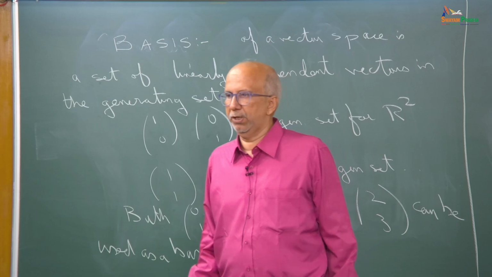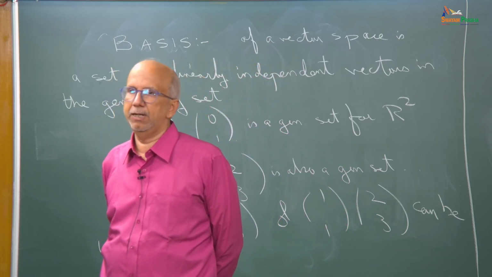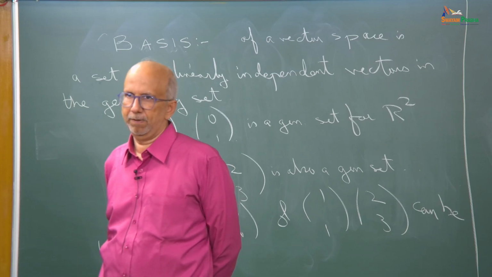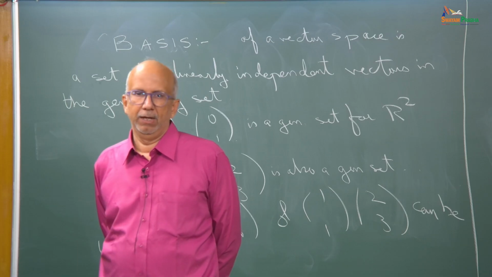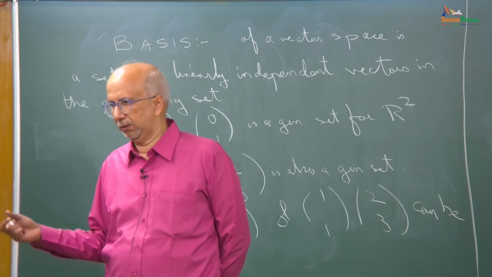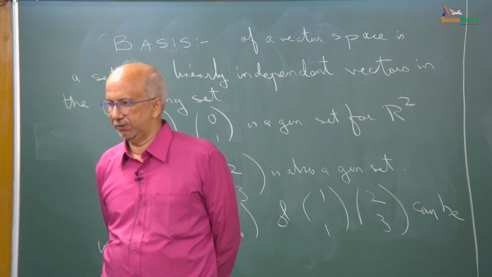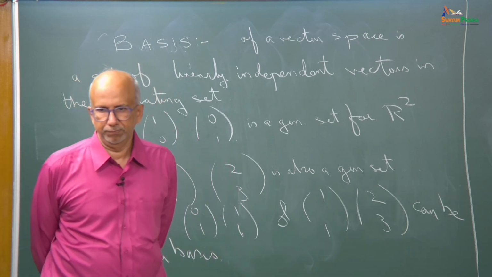So, you can take any set of n independent vectors, and that is the basis, which means any other vector can be written as a linear combination of these basis vectors.